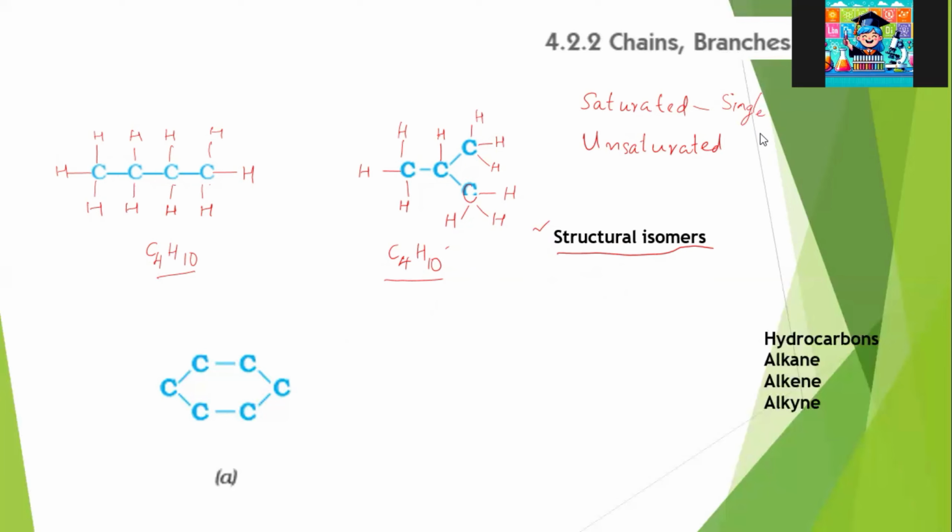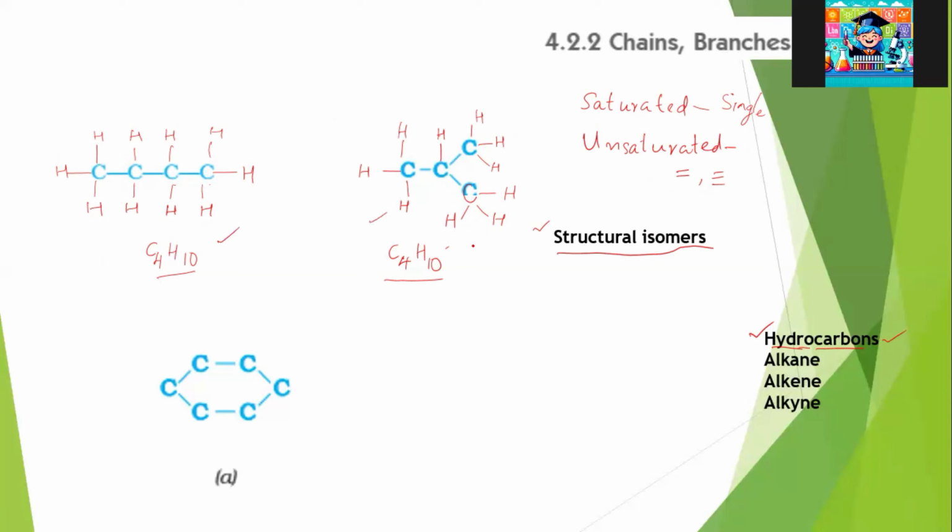Then what are unsaturated compounds? Unsaturated compounds have multiple bonds in a molecule. There is either a double bond or a triple bond between the atoms of the molecule. Then that compound is known as an unsaturated compound. And compounds having only carbon and hydrogen in them are known as hydrocarbons.